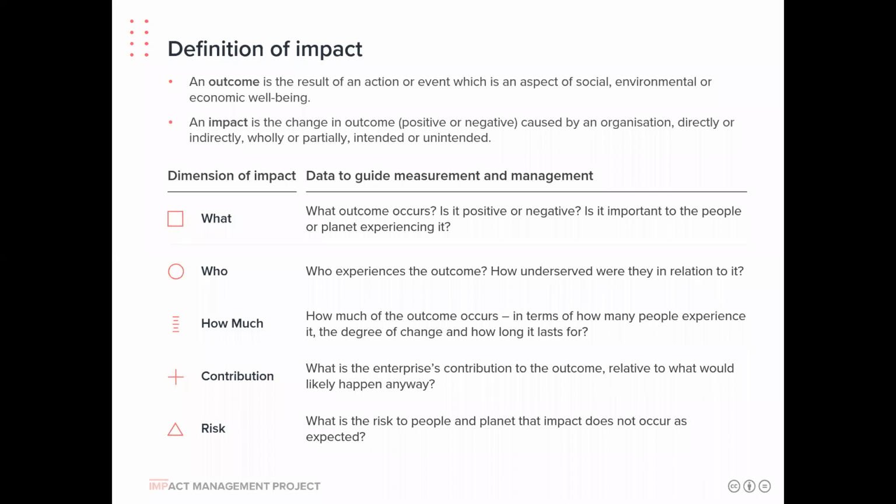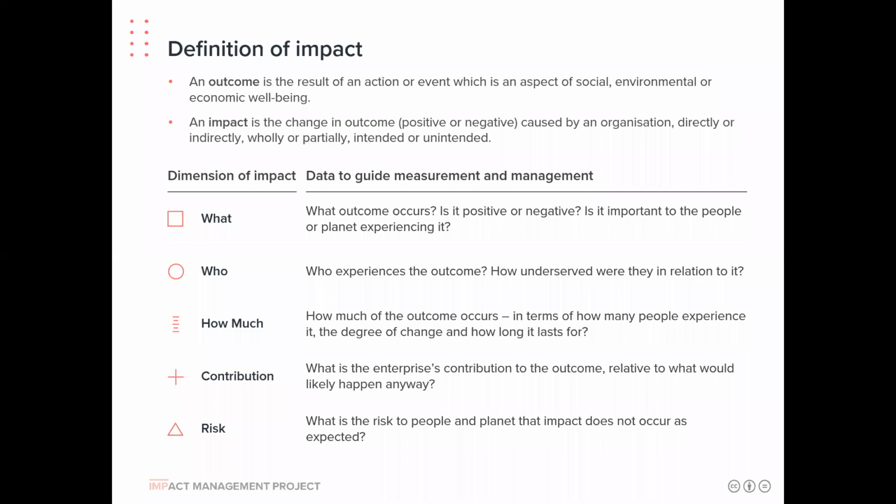And when we spoke with investors and enterprises, what we heard back from them is that impact has 5 dimensions. It's what happens: what is the outcome that occurs, is it positive or negative, is it important to the people or planet experiencing it? Who does that outcome happen to, and were they underserved in relation to that outcome?